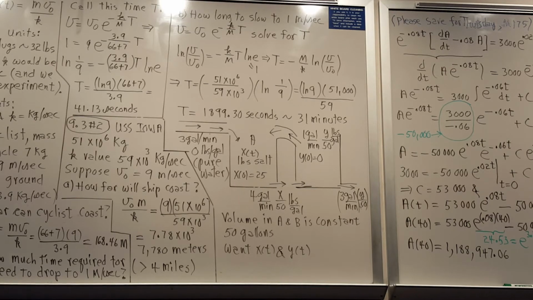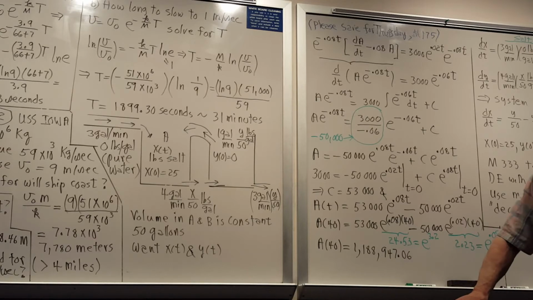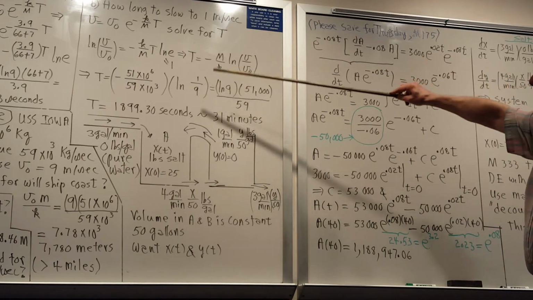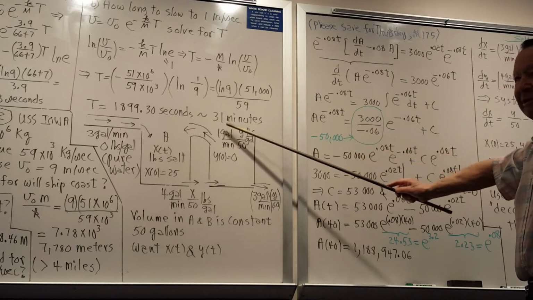Now, in the real world, it wouldn't be like that because you'd assume that the ship has power and that you could go to full astern and use your engines to pull you back. But if you were just drifting, and if their numbers are right, this is what it would be.